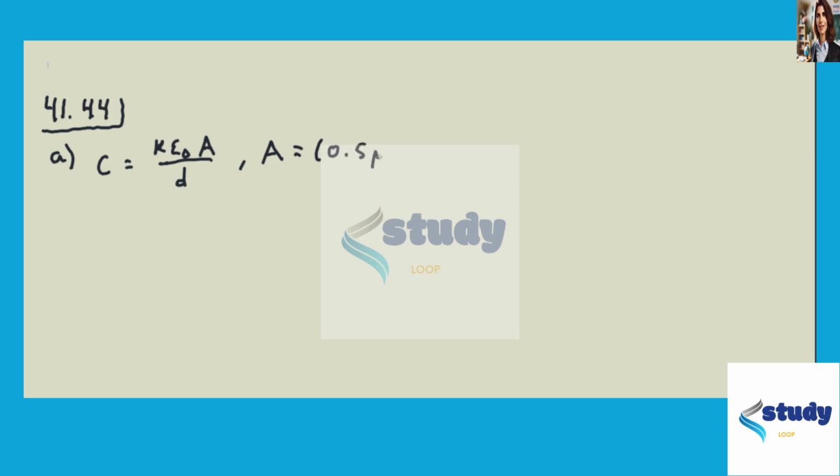So 0.5 microns squared is the gate area. And then we're told that the thickness of the insulating layer made out of silicon dioxide is 0.2 microns thick, and that its dielectric constant is 4.5.